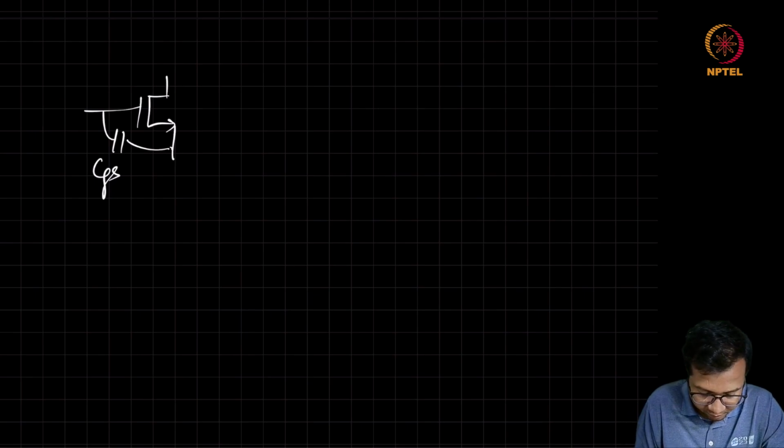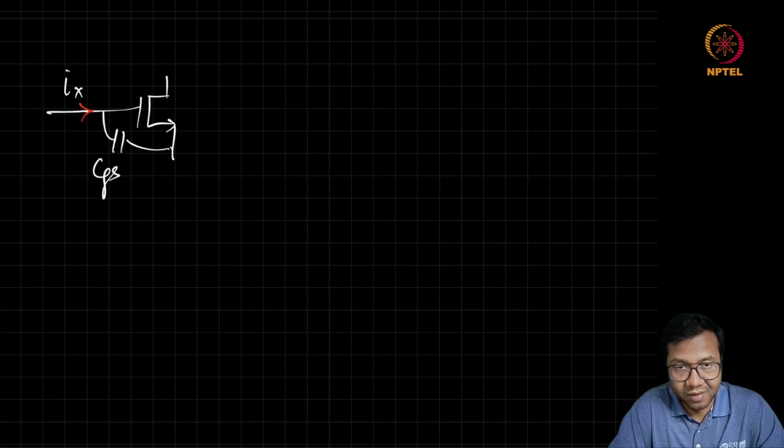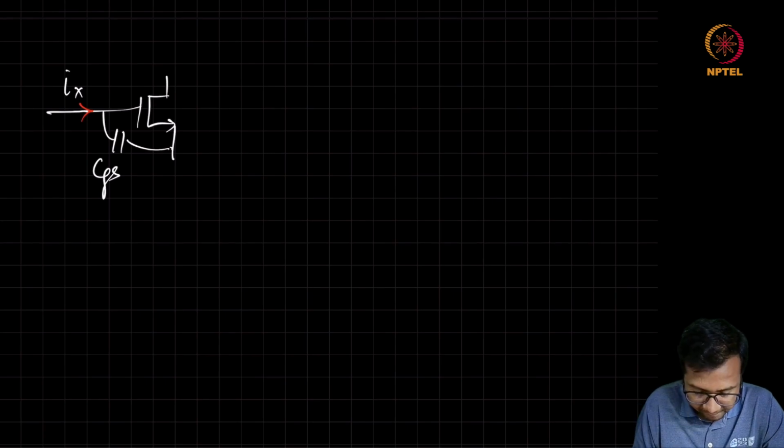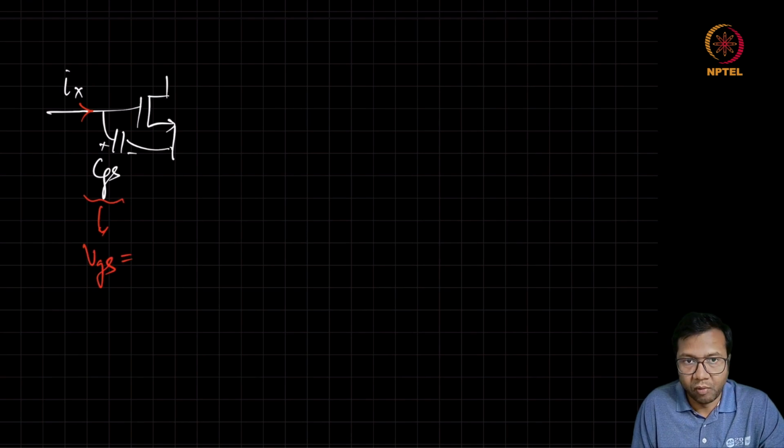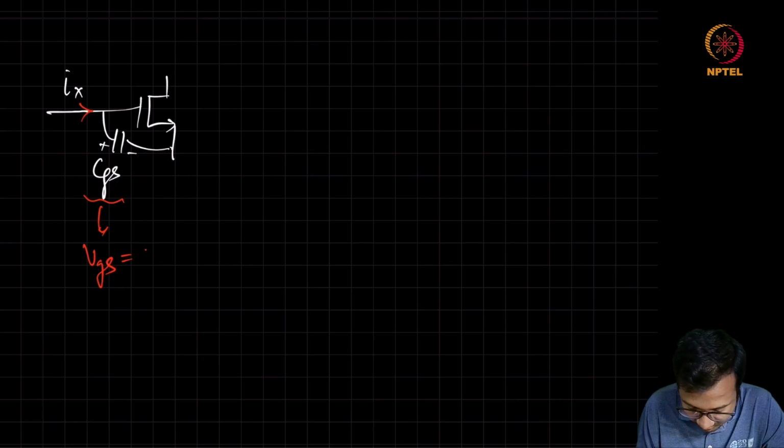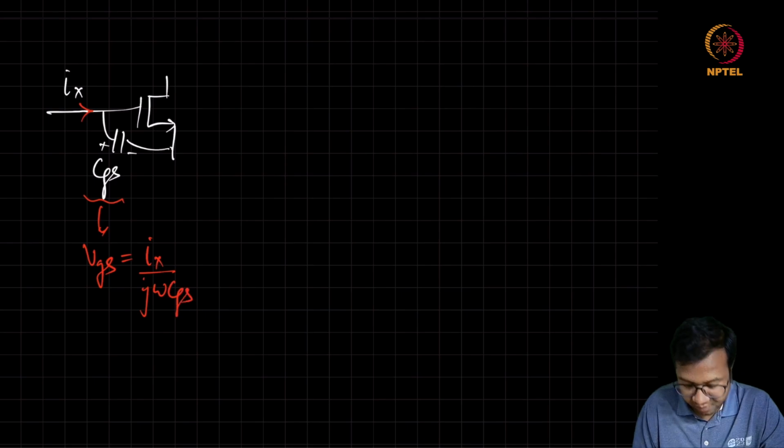Now, if we force a current, let's say Ix, through this CGS, then what happens? The voltage drop across the CGS is going to be equal to Ix divided by j omega CGS.